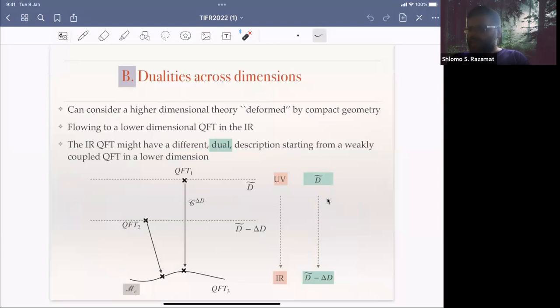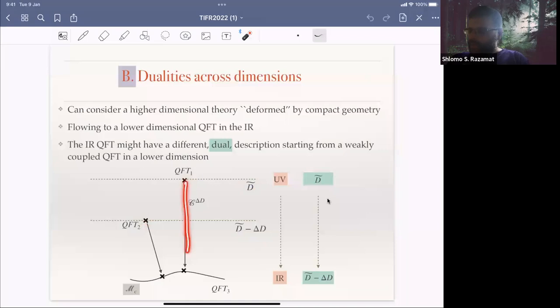And now I will discuss the first subject of this talk, and this is dualities across dimensions. Okay. Once we understand that there are dualities inside dimensions and that we can go from one dimension to another by dimensional reduction, we can consider a more general setup, where we start from 2 quantum field theories in different numbers of dimensions. So this QFT1 lives in d-tilde dimensions, QFT2 lives in d-tilde minus delta d dimensions.